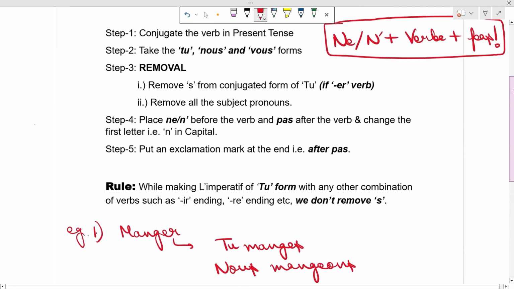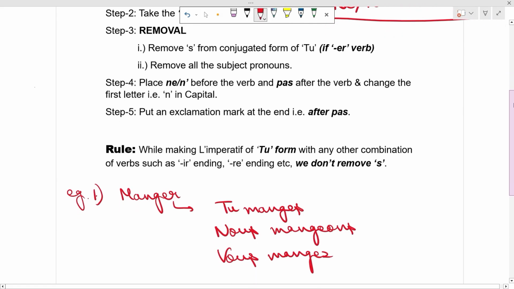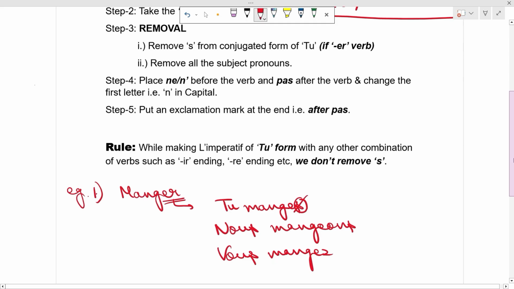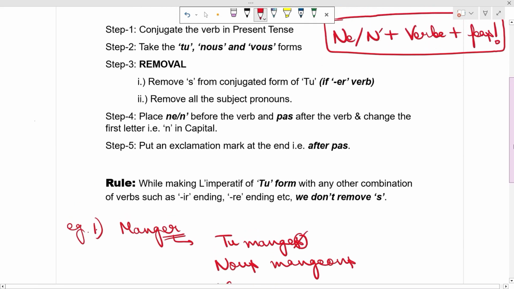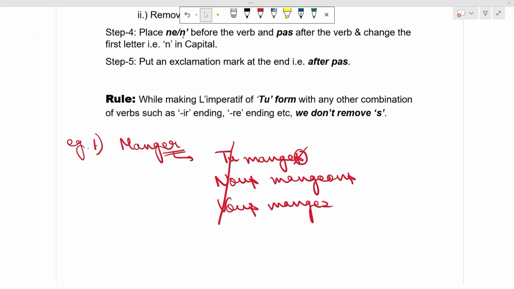Second, we have to take the tu, nous and vous form. We have already done that. Removal of s. We have to remove s from here since it is an er ending verb. Then we have to remove all the subject pronouns. Step 4, place ne and an apostrophe.